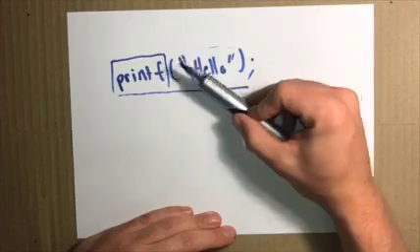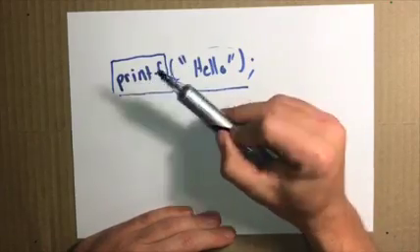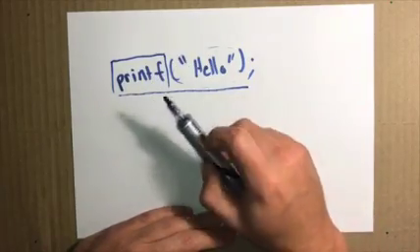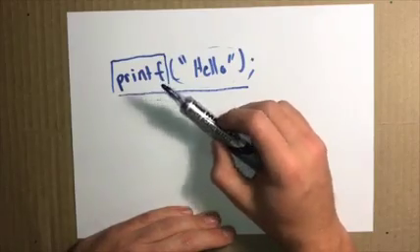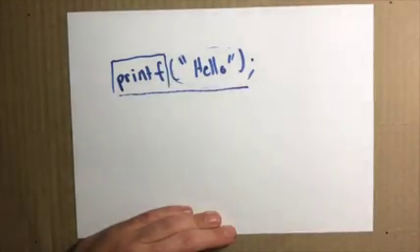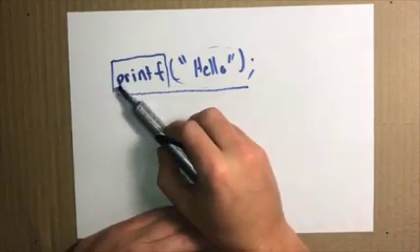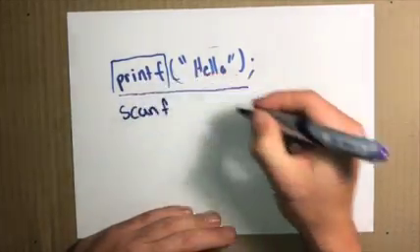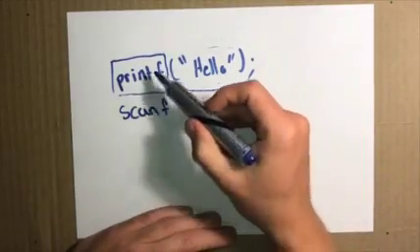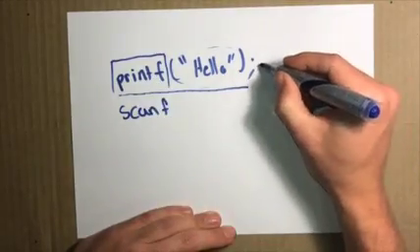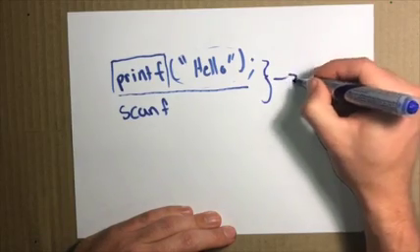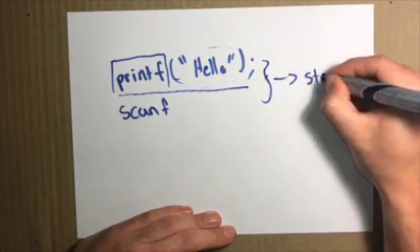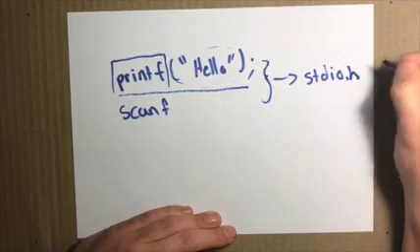You didn't know you were using functions up to this point, but most of your functionality in the C programming language, like the printf, like the scanf, is functions. Where are these functions? These functions are inside the stdio.h library.